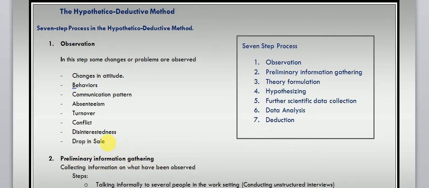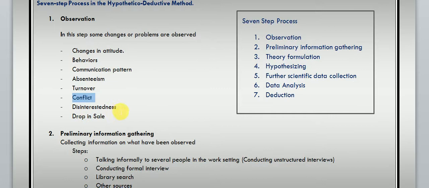In the next step we have preliminary information gathering. For example, you sensed that there is a conflict between your employees, or there is disinterest.